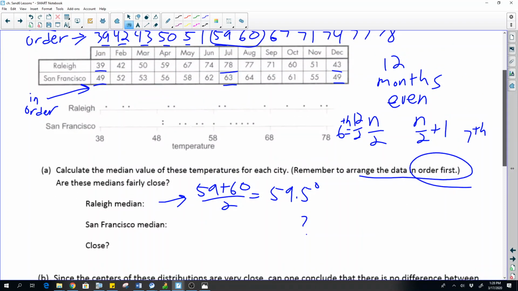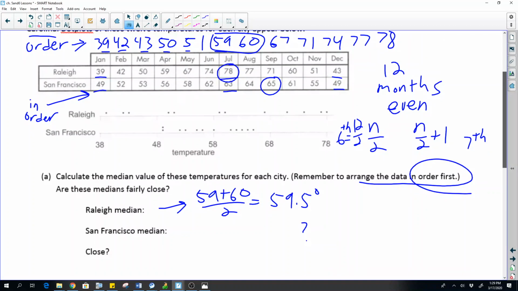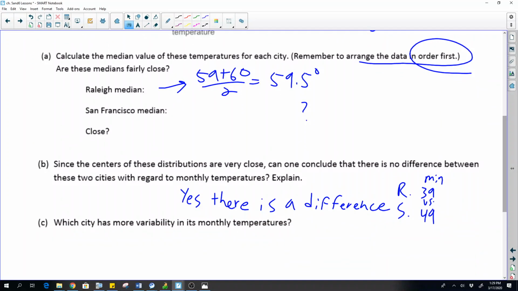And then even if you look at San Francisco's maximum versus Raleigh's maximum, what do we have going on in September? Wow, go to San Francisco in September. So 65 versus 78. Let's put that down as well. San Francisco had a maximum of only 65, where Raleigh had a maximum of 78.